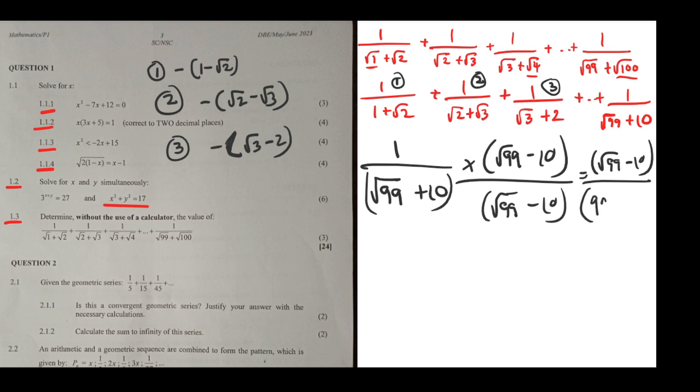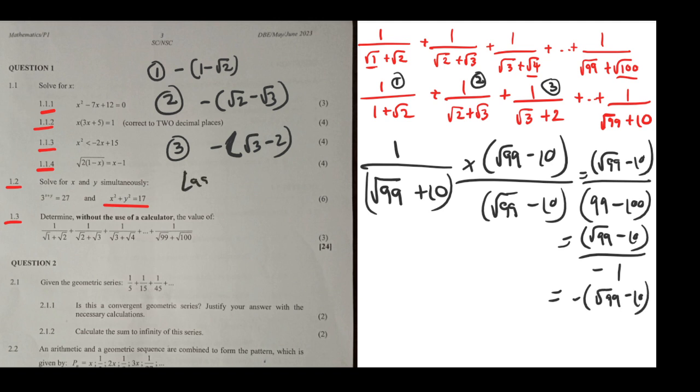At the bottom, you should get 99 minus 100, which is root of 99 minus 10 over negative 1, same as negative into root of 99 minus 10. So I'm just going to say last, I got minus root of 99 minus 10.